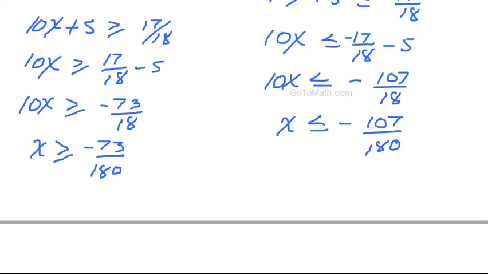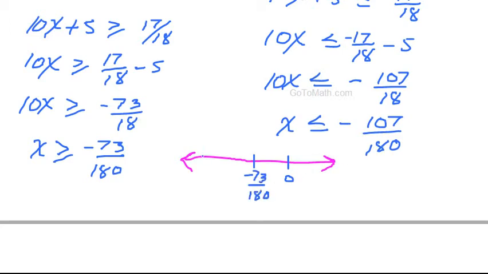Alright, so let's draw a picture now. Remember, the picture's worth 1,000 words. Okay, and of course we try to attempt to draw a straight line. X is greater than negative 73 over 180. We'll say 0 is right here. How's that? So this is negative 73 over 180.